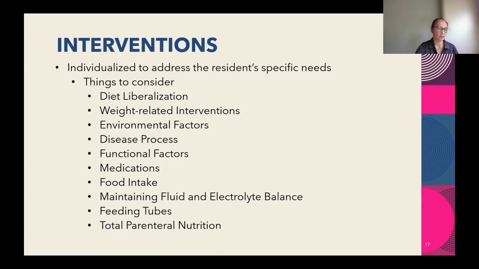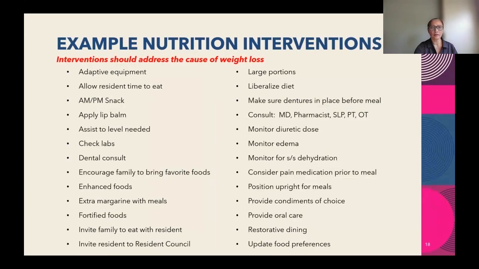Things to consider here: diet liberalization, weight-related interventions, environmental factors, disease process, functional factors, medications, food intake, maintaining fluid and electrolyte balance, etc. But again, we need to identify the root cause.